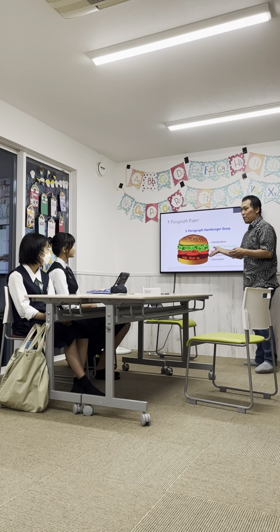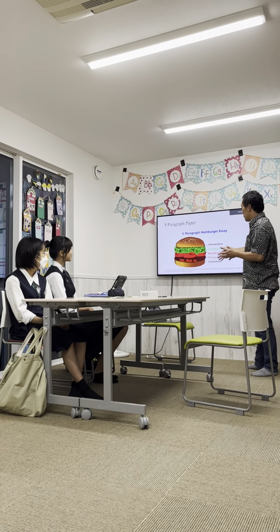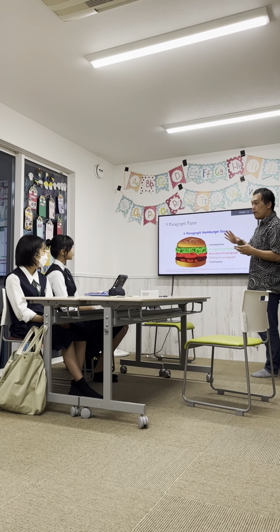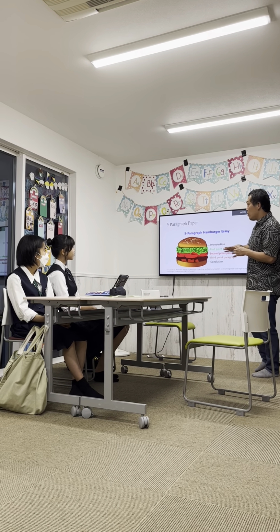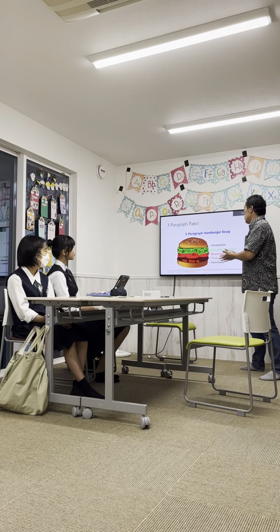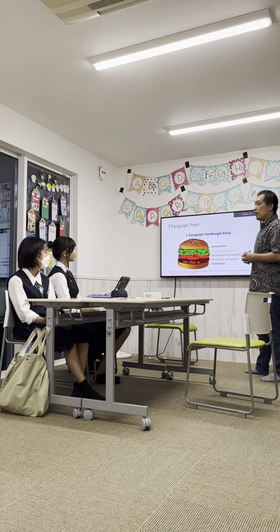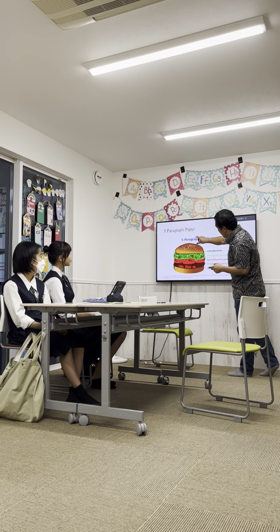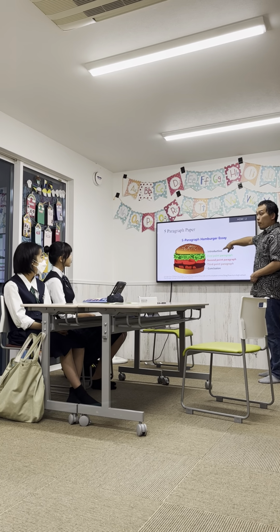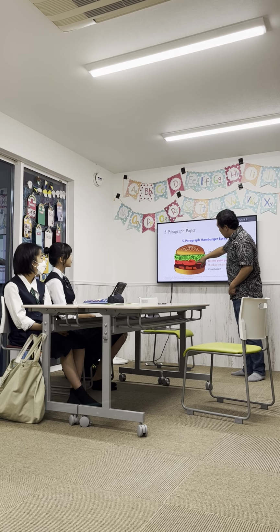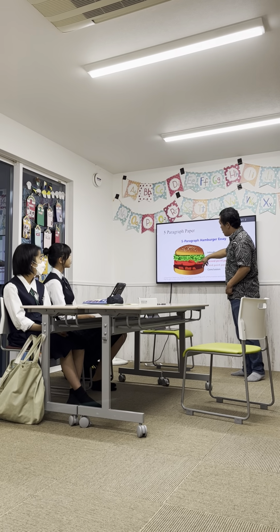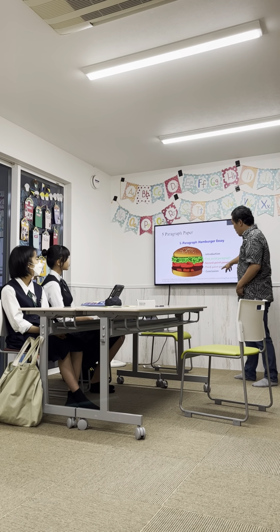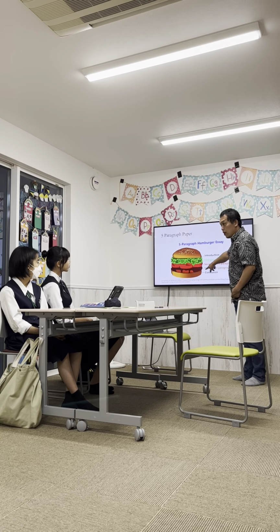Hamburger. It's a hamburger, right? So we use a hamburger as a model for writing a 5-paragraph paper. It can be used for any kind of paper, but of course you can use this for a research paper as well. Okay, so at the top you have an introduction, and you have the 3 ingredients. So those are the body paragraphs. Then you have your conclusion.